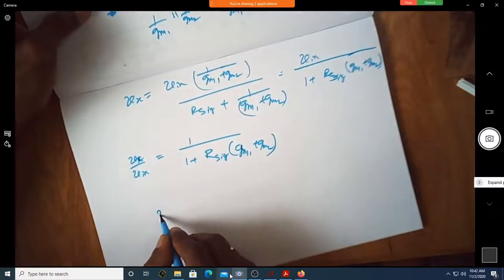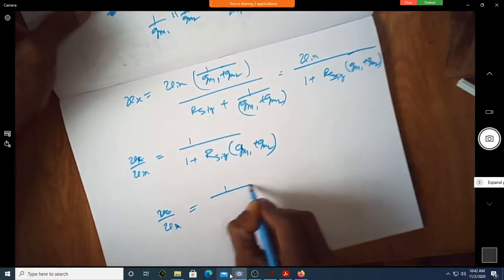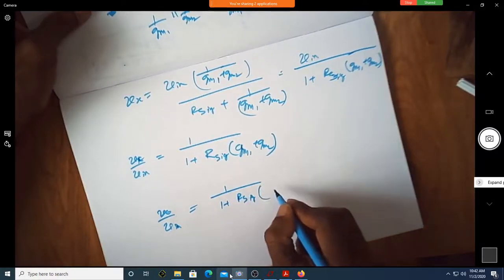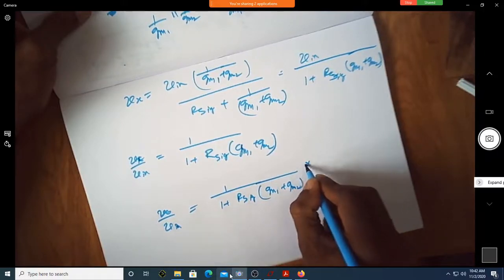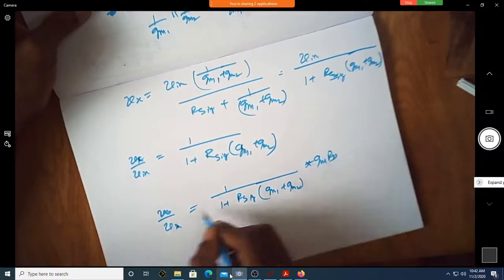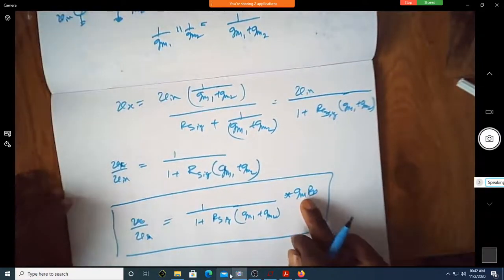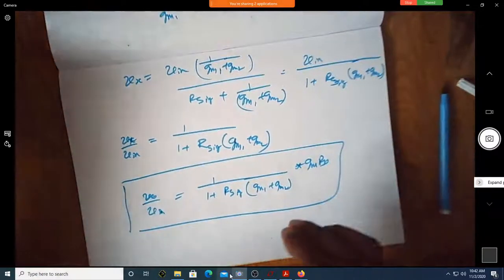So then what is V0 by Vin? Is it not 1 over 1 plus R signal into gm1 plus gm2, into gm Rd? So this is V0 by Vx. Am I correct?